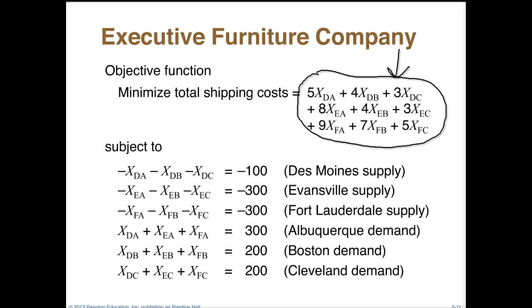So similarly, we know the same thing for Evansville and Fort Lauderdale. And now, with the demand, we know that the demand is going to be what is received by the destination locations. So for Albuquerque, we've got desks coming from Des Moines, desks coming from Evansville, and desks coming from Fort Lauderdale. They're all coming to Albuquerque, and we know that was 300. Boston and Cleveland, we knew that we had 200 for the amount of demand of desks there as well. Okay?